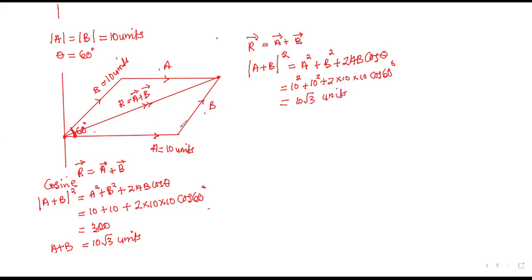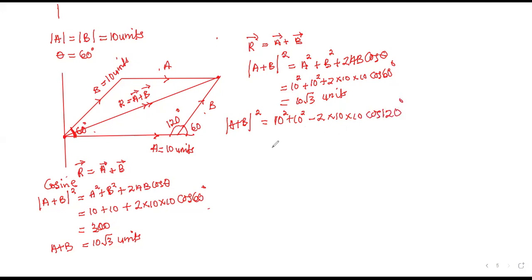Don't forget, we can also use their corresponding acute angle. Since this angle here is also 60, it means that the angle here is 120 degrees. And A plus B squared would also be equal to A squared, which is 10, plus B squared, another 10, but minus 2 times A times B times cos of 120.